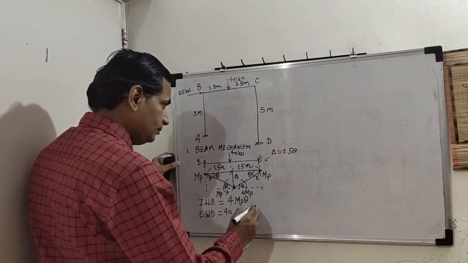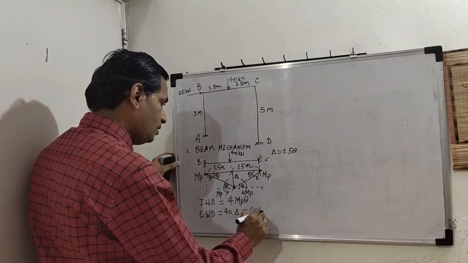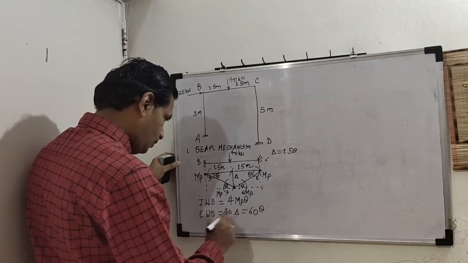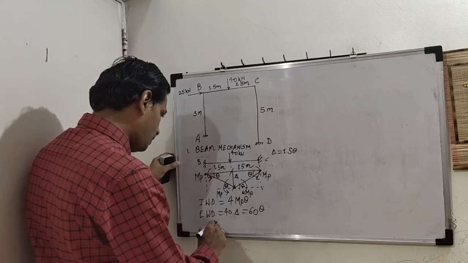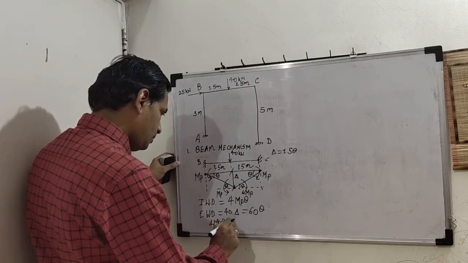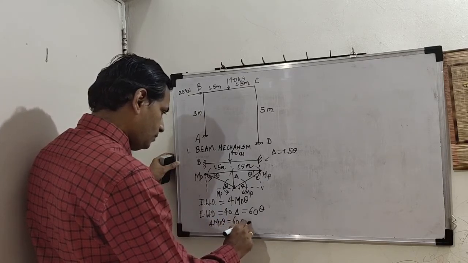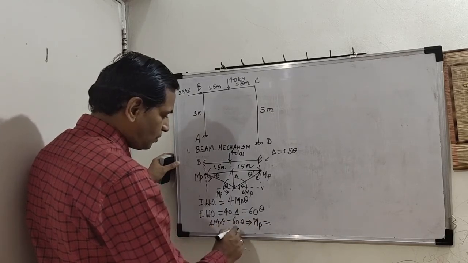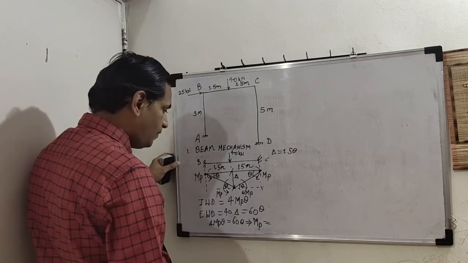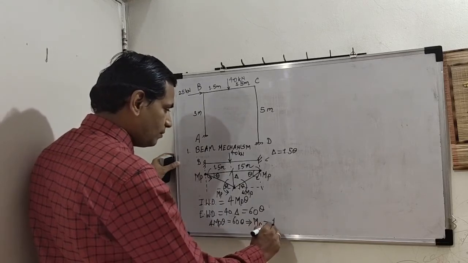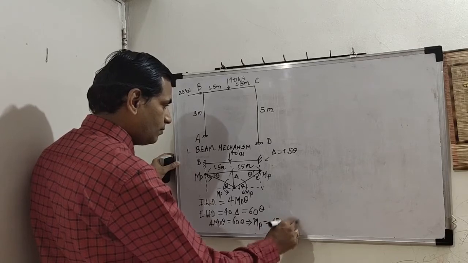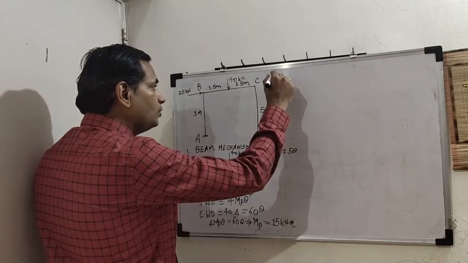Correct? 60 theta. So 4 MP theta is equal to 60 theta. From this, MP is how much? 60 upon 4, 15 kilonewton meter. Okay. So one part is over.